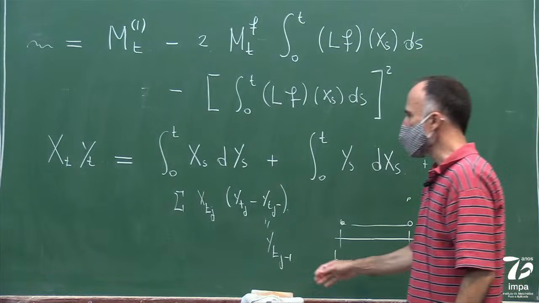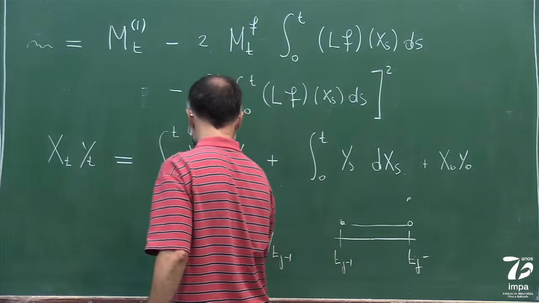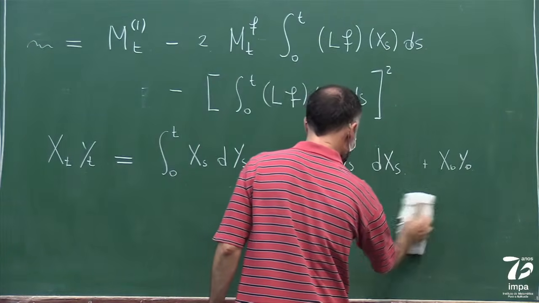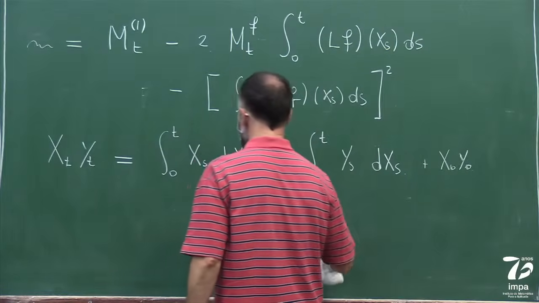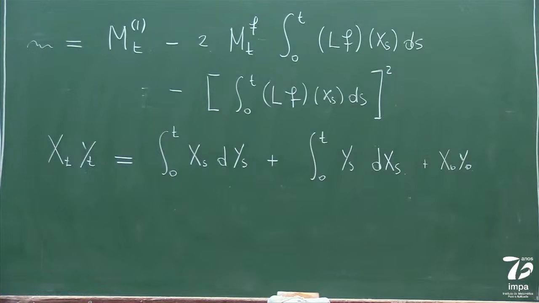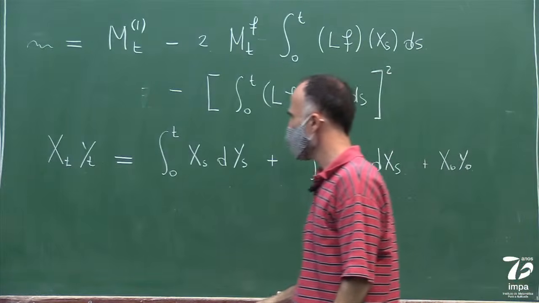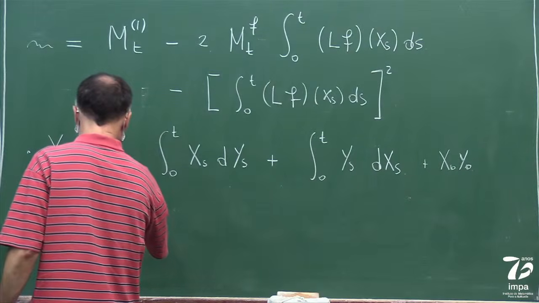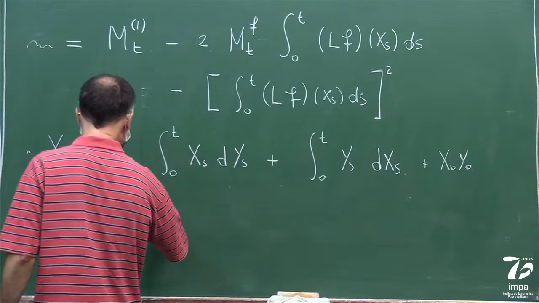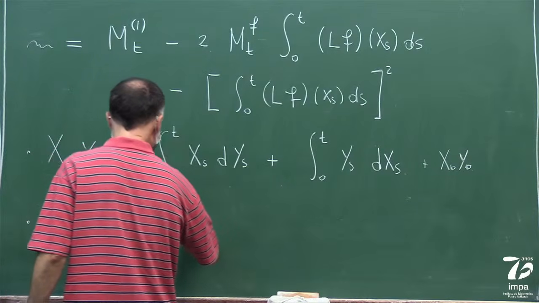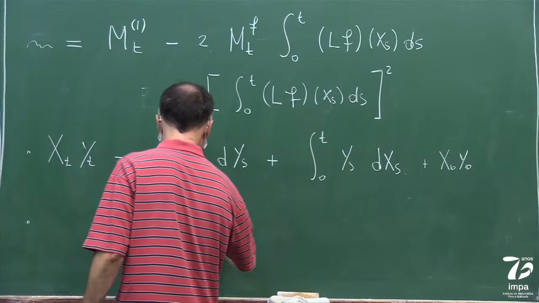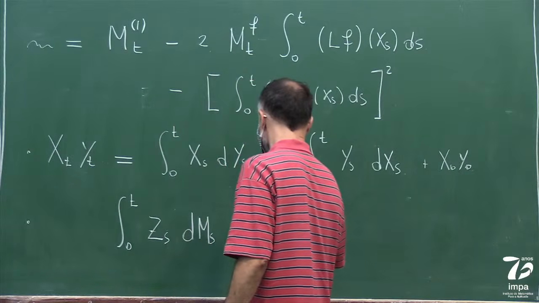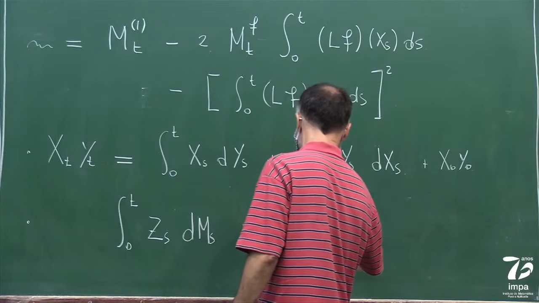Okay? So check what I'm saying, and let me use this identity. I will apply this identity to this term, and then I will use the following fact, which I won't prove: if you have a process Z_s which I'm integrating with respect to a martingale, this is a martingale.